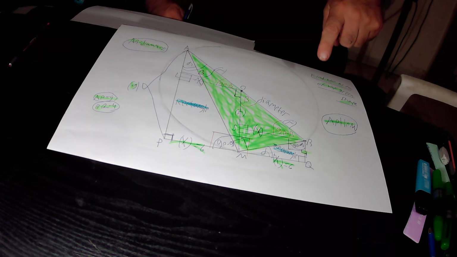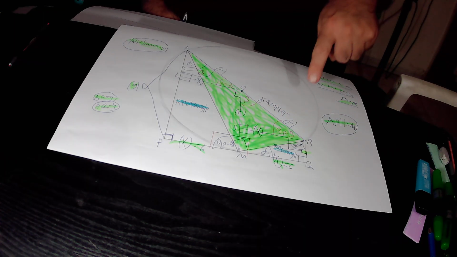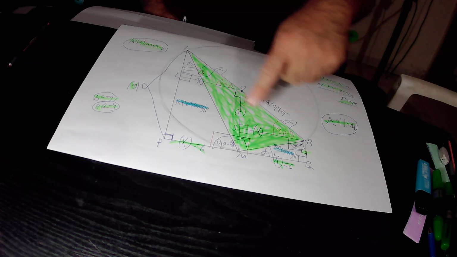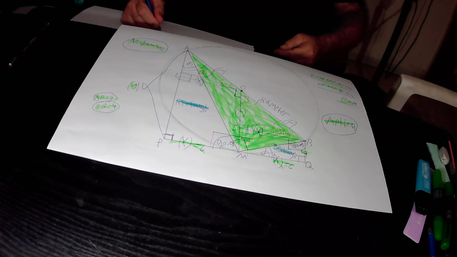So in this small right triangle BMQ, BM squared, that is the square of the hypotenuse, equals BQ squared plus QM squared. So write it down: BM squared equals BQ squared plus QM squared.